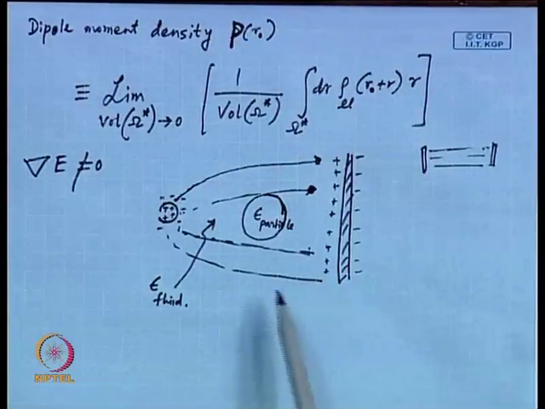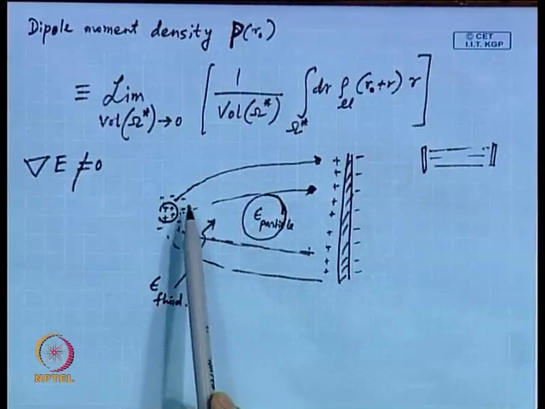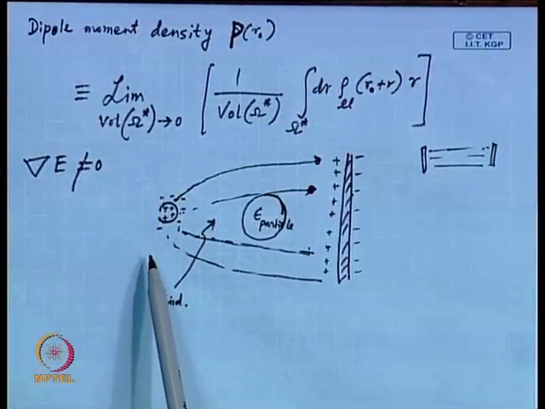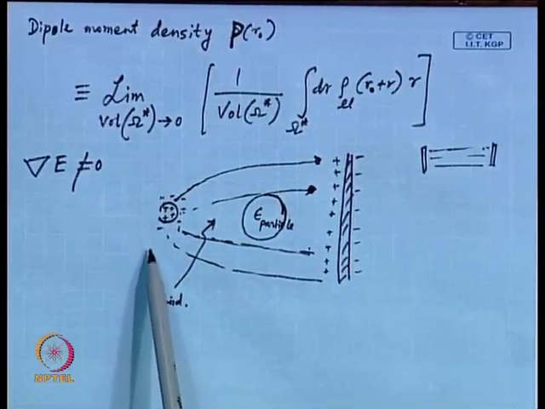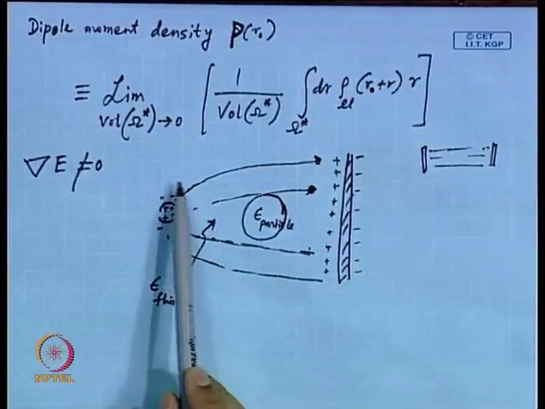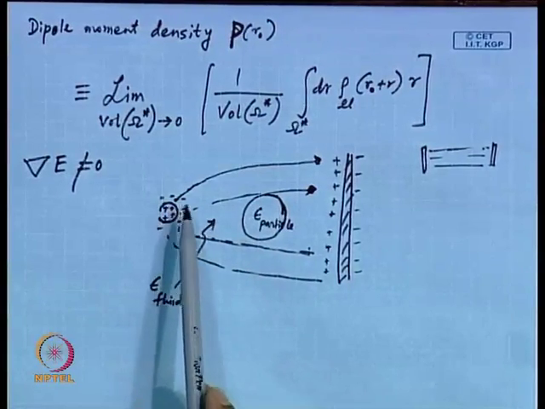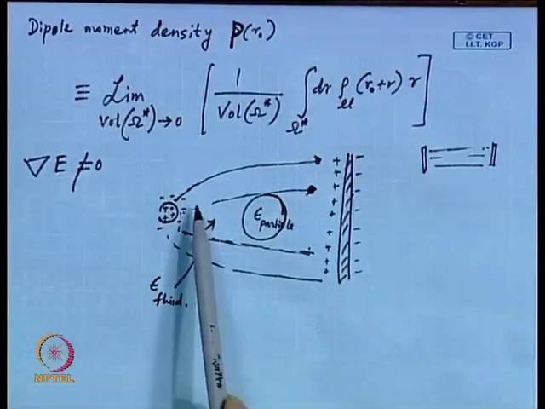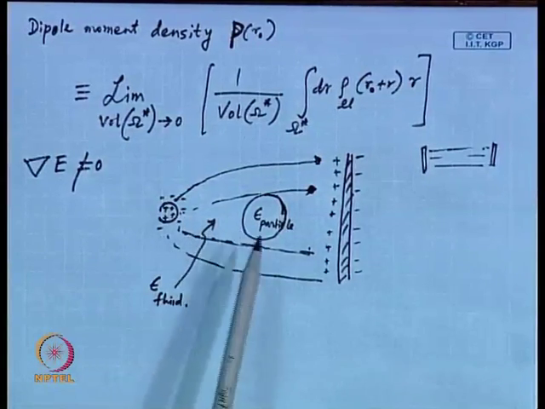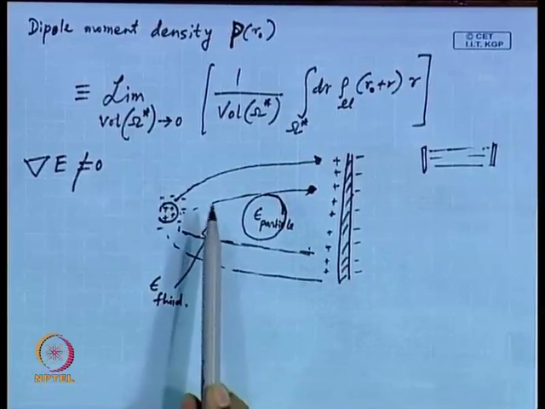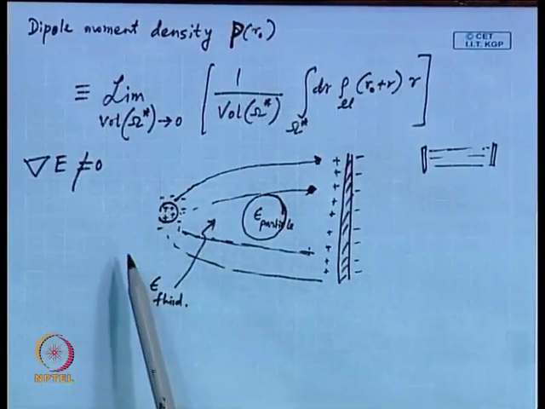We note here that because of this non-uniform nature of the electric field, the highest density of electric field lines is around this location, on the left of the particle. That is the place where the electric field lines are most concentrated. So, this is the region of strong electric field.